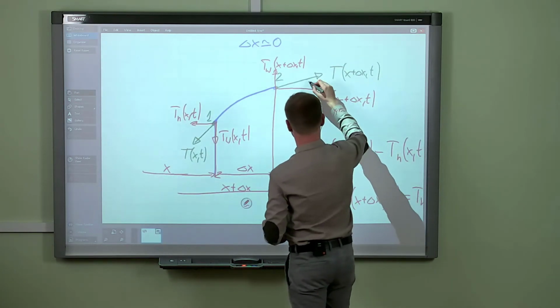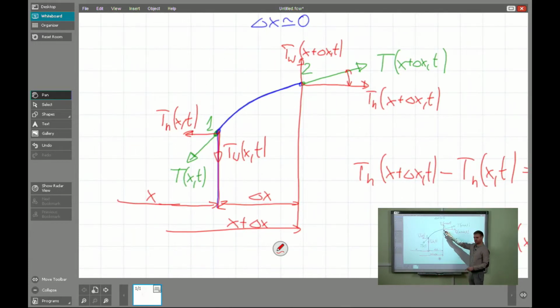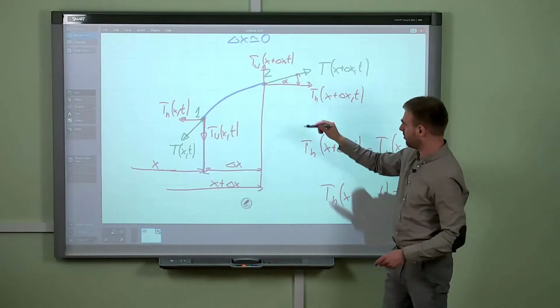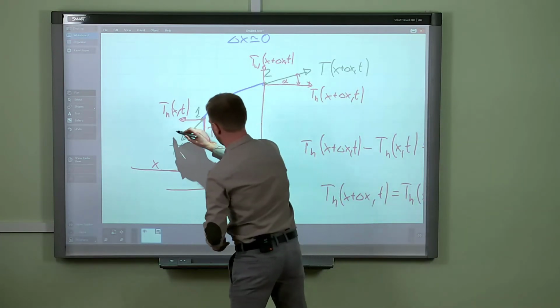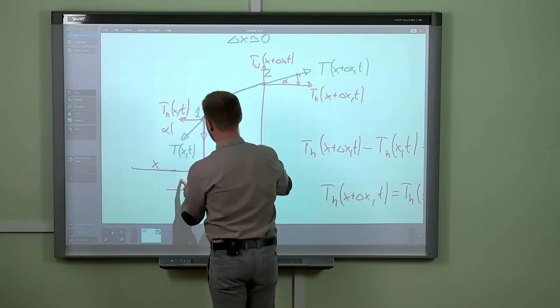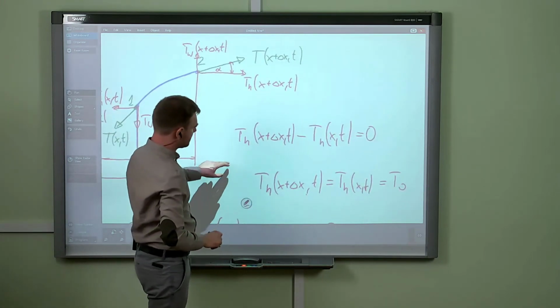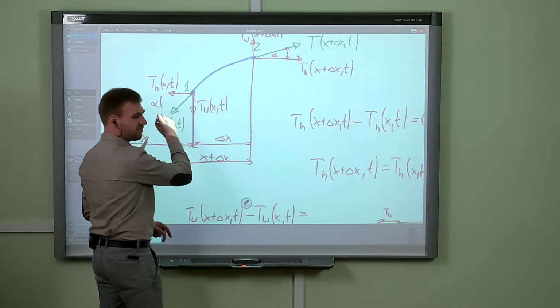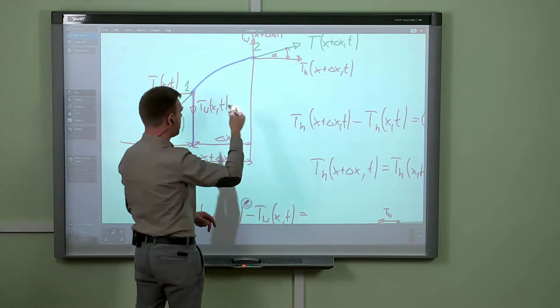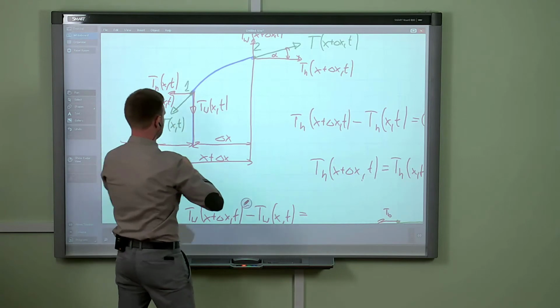If we introduce the angle between the tension force and the x axis, I will denote it as alpha, the tangent angle, then we will be able to compute the value of Tw based only on Th. And we know that Th is exactly T0. Of course, the angle alpha will be different for different values of x, so I have to emphasize that: here we have alpha of x and t.